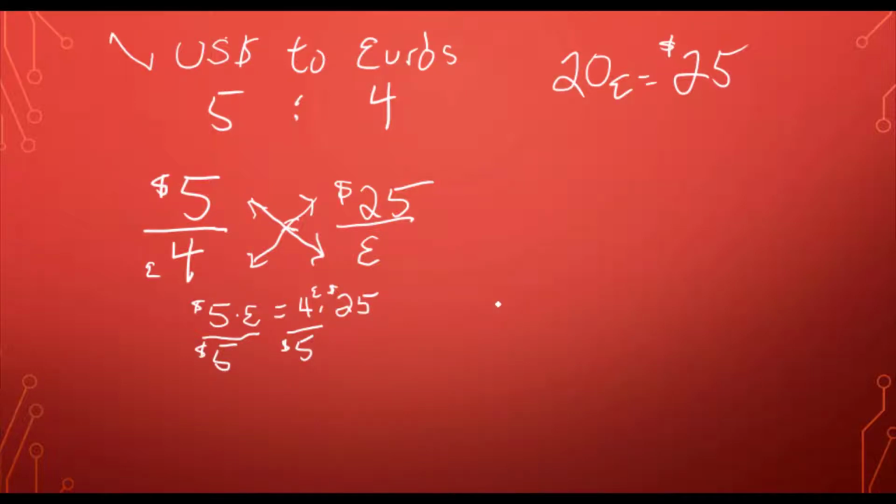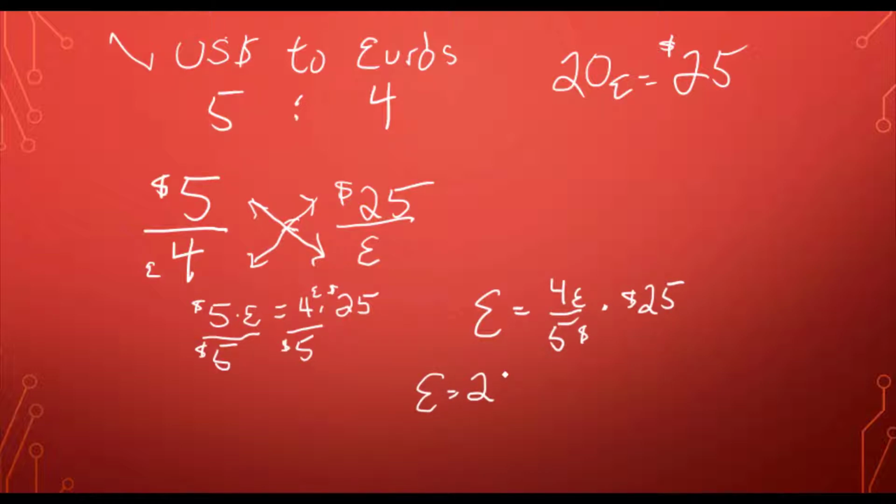And so I get euros equals 4 euros over $5 times $25. Which, of course, if you work it out, you're going to get that 25 divided by 5 is 5. 5 times 4 is 20.